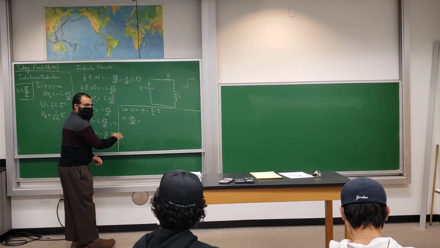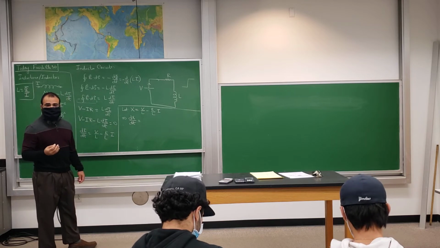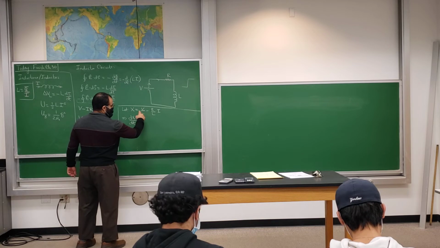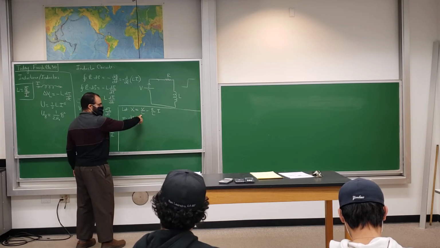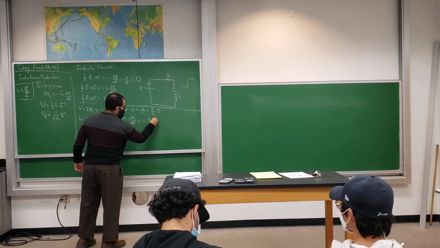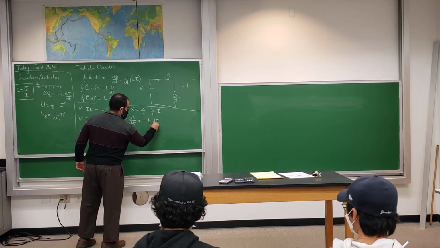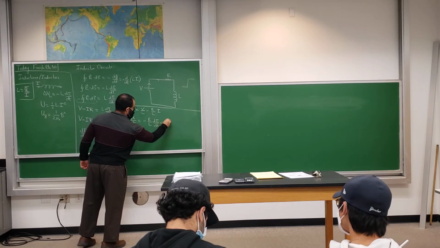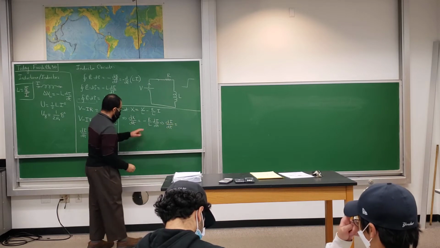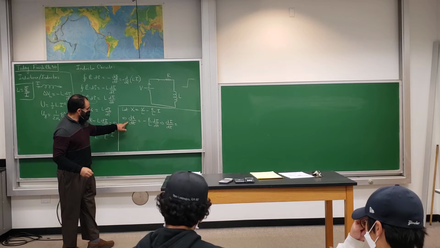I'm just changing this variable to make it easier to solve. V over L is a constant, so its derivative will be 0. So you just get minus R over L dI/dt. That means dI/dt, solved for dI/dt, will be minus L over R times dx/dt.